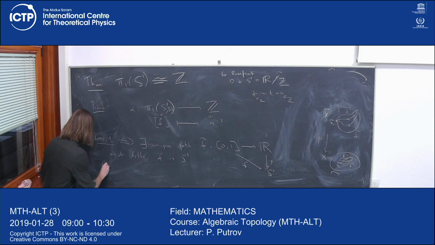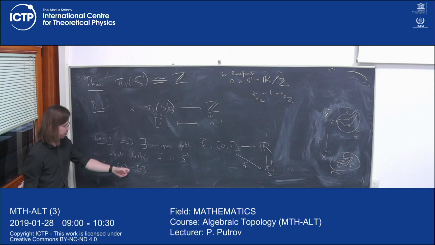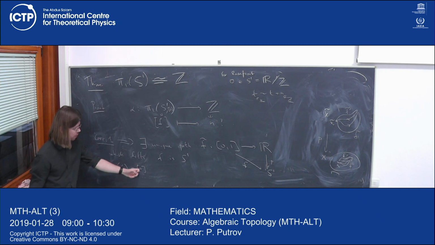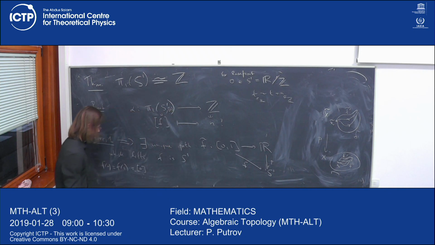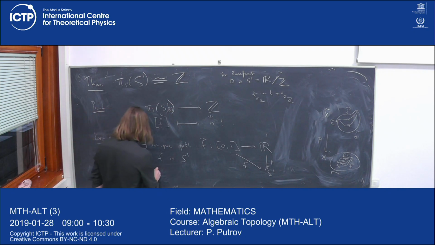So we know that this f is actually a loop. So the start and end point are the same. It's given by the projection of 0. It follows that we have this condition that p of f tilde should be the same as f.